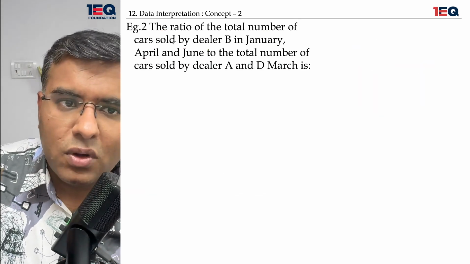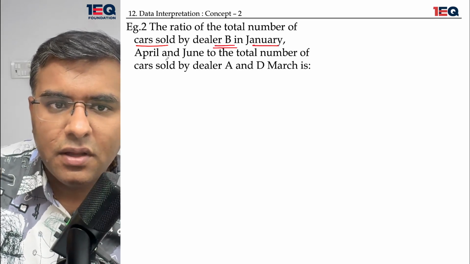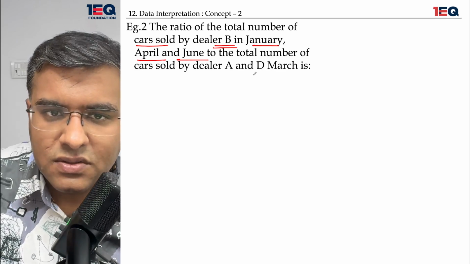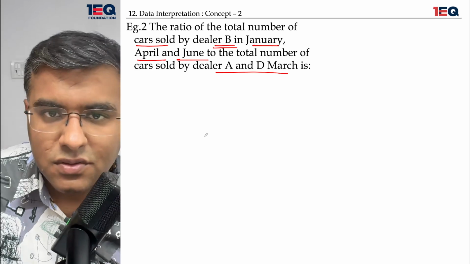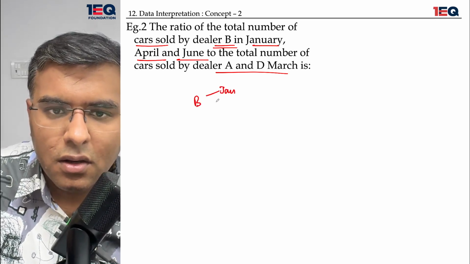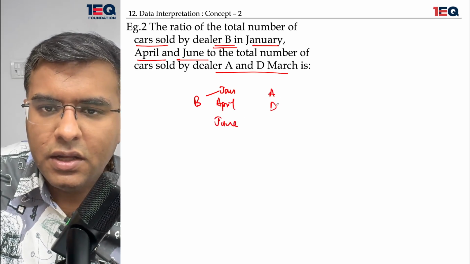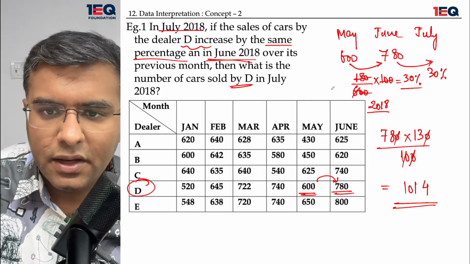The ratio of the total number of cars sold by dealer B in January, April, and June to the total number of cars sold by dealer A and D in March is, okay. So for B, there is Jan, April, and June. And for A and D, I need to find it out for March. I'll take you to the data.